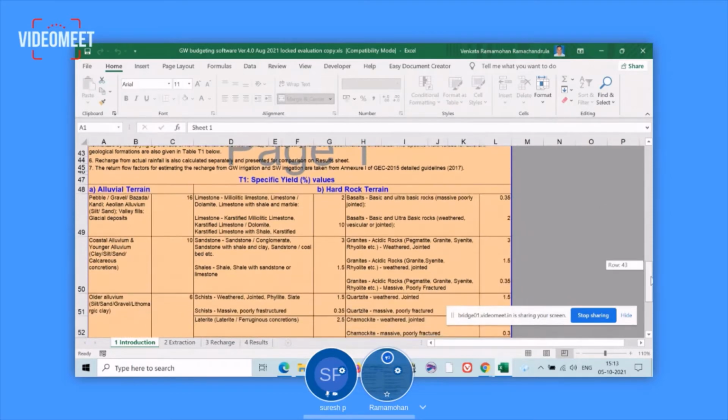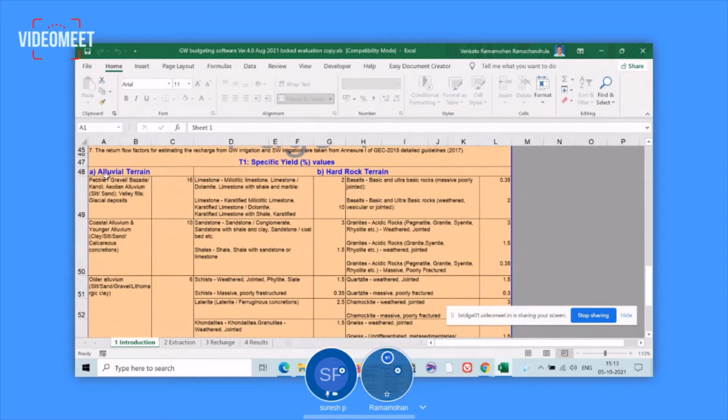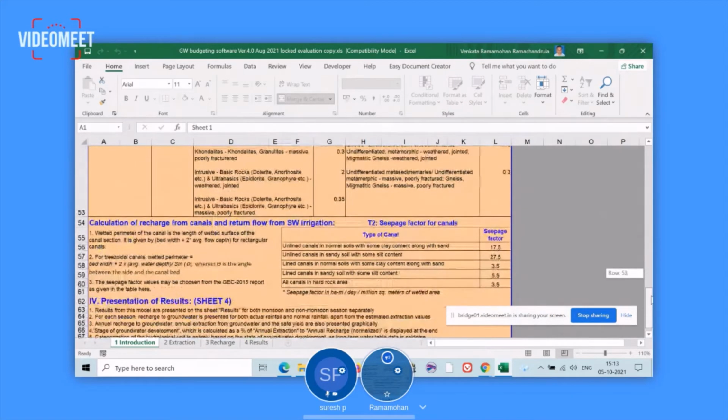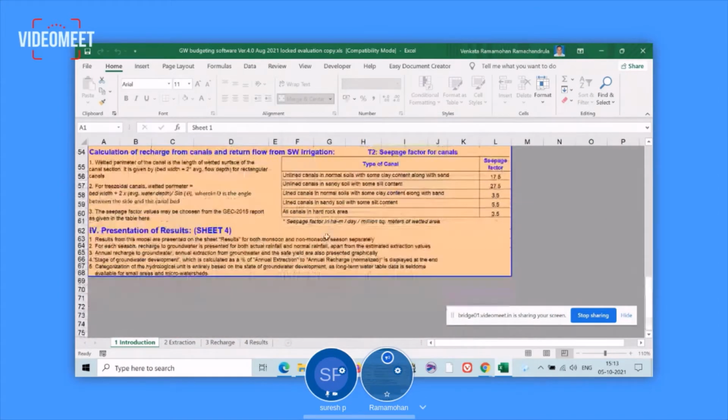And here is a listing of, for example, a table, and for different kinds of aquifer formations, the specific yield values are listed here. All these are taken from the GEC report. So you can also refer to the GEC report directly, or take these values that are required from these tables and then fill them, and then all the rest of the calculations are done by these Excel sheets.